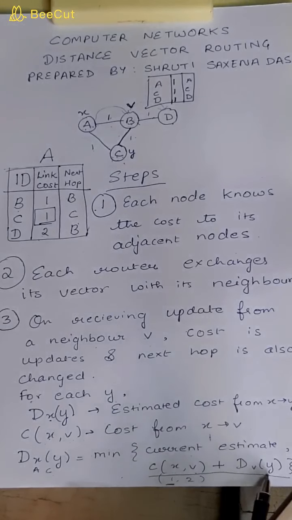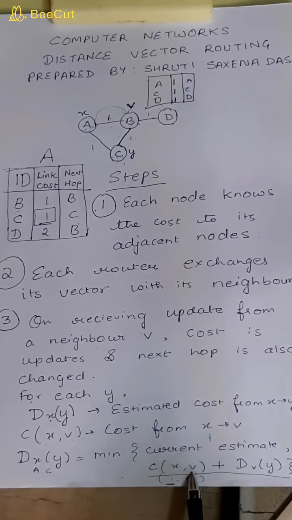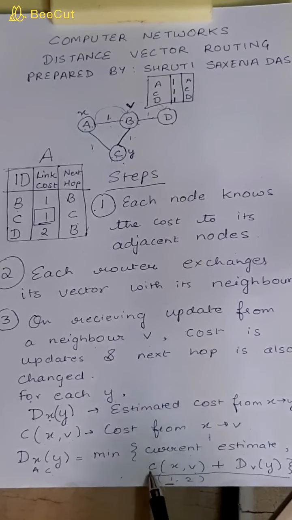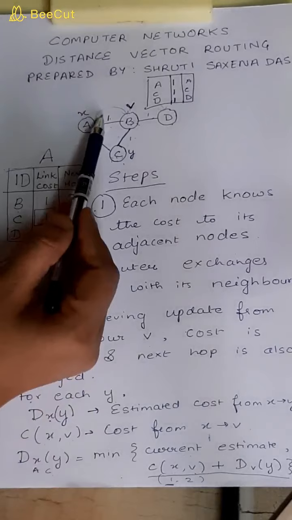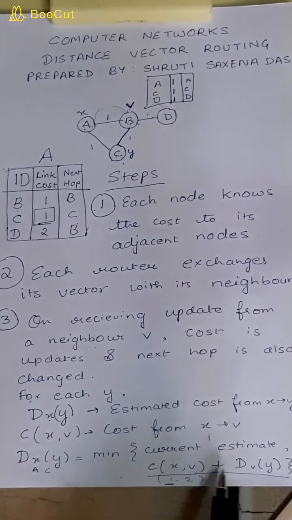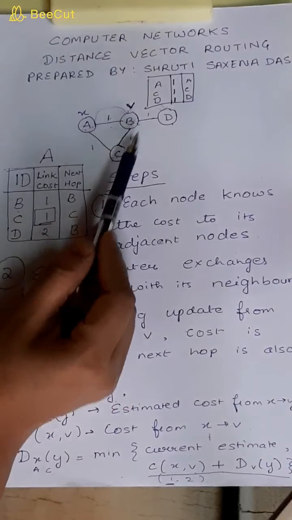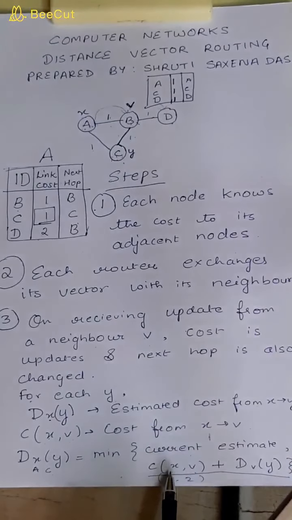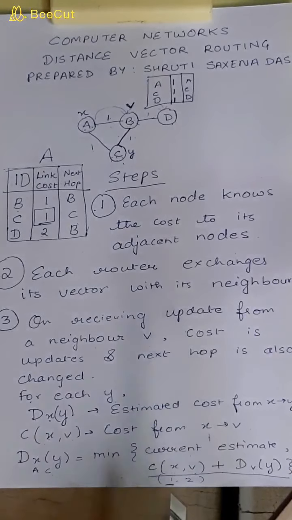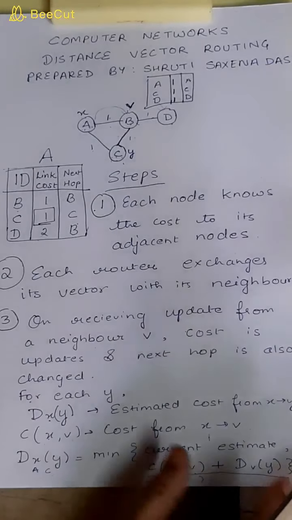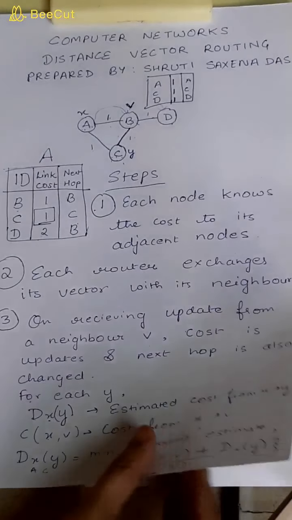And for the cost of X comma V, X is A, V is B. So the cost of A comma B is 1 plus the distance from V to Y, which is 1. So again 1 plus 1 is 2. We have to take the minimum of these two, so we'll take 1 only, which is already present. We'll take one more example for this one.